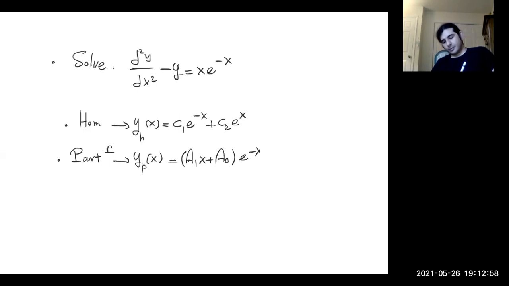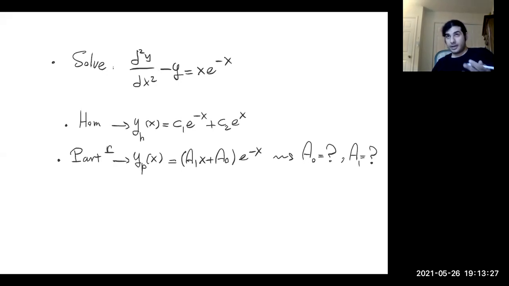And we note that this term e to the minus x also appears in the solution for the homogeneous part. And this will cause us a problem. So what am I doing? I'm looking for a naught and a1. I want to see what these coefficients are, right? So how can I find them?